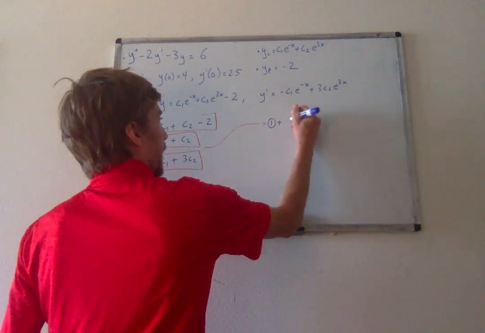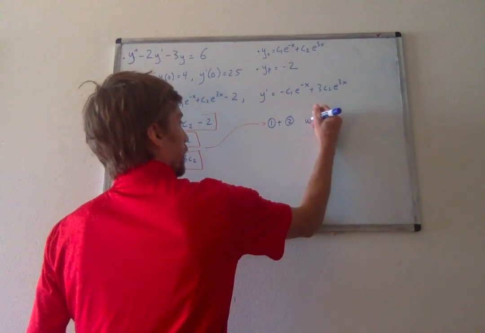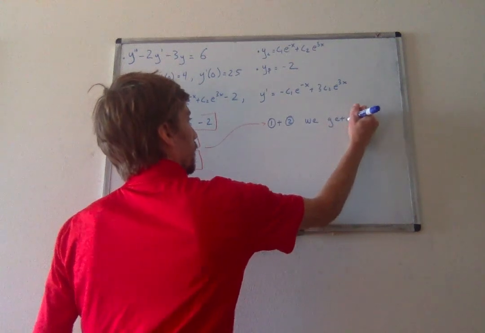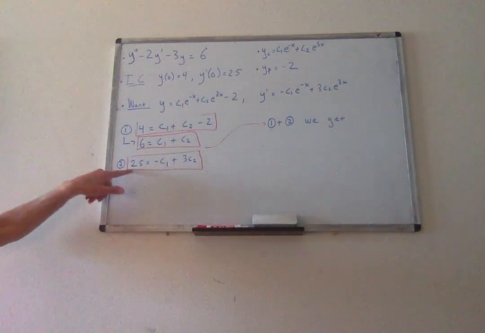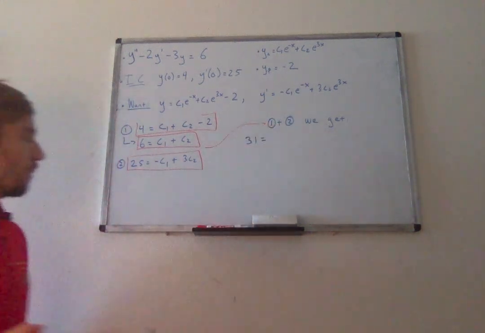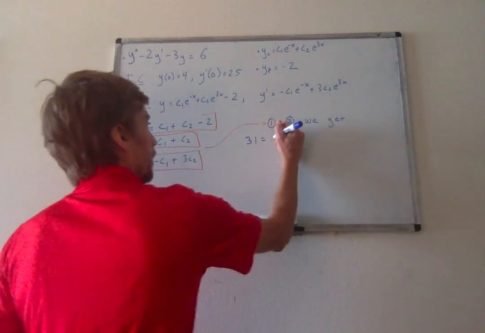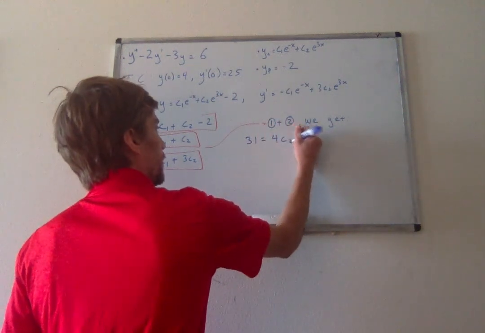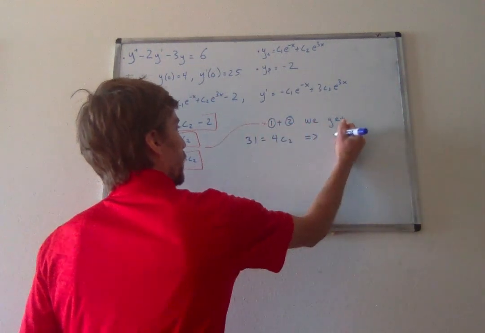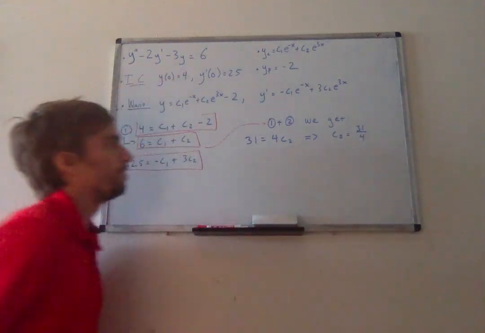If I add equation 1 and equation 2, on the left side we get 6 plus 25, which is 31. The c1s cancel out, which is sort of why we're doing this, and we get 4c2. This implies that c2 is equal to 31 over 4.